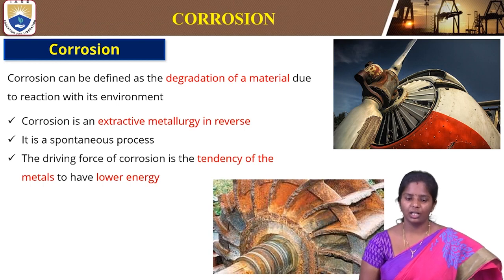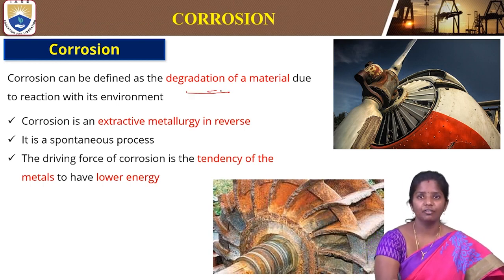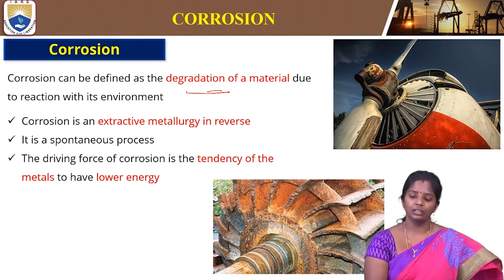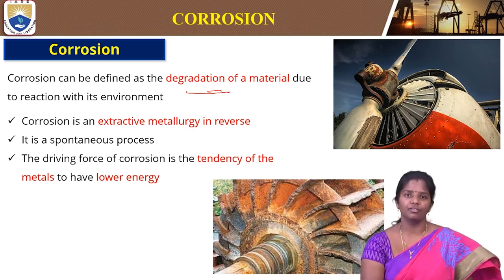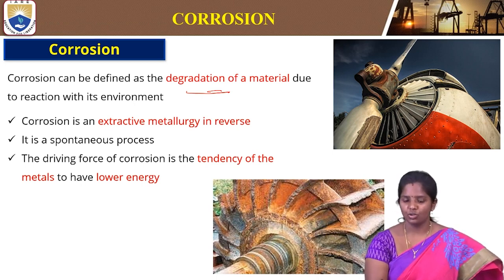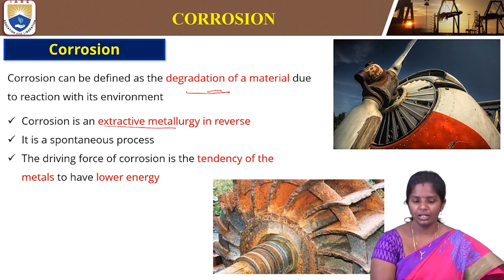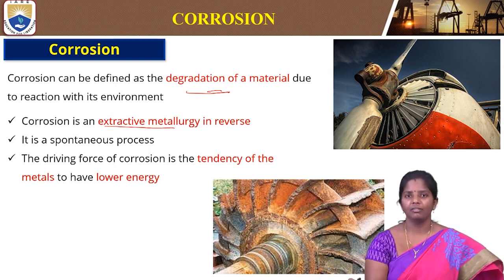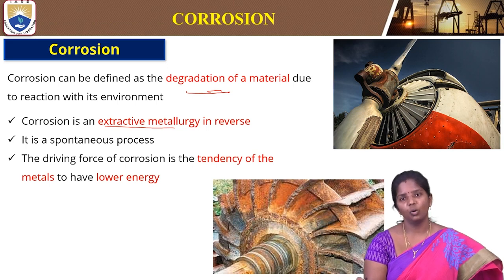So what is corrosion? Corrosion is nothing but the degradation of material, as we have already studied. It indicates that the metal will always follow a backward reaction to get a stable form. So corrosion is extractive metallurgy in reverse. It means that when we extract metals in metallurgy and then do the reverse, the metal goes back to its original form, the ore form.